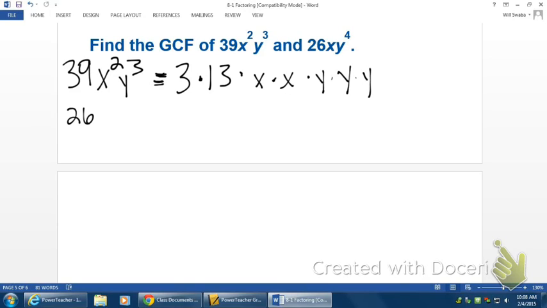Oh, I think I figured it out. 13 and 2. So it's going to be 13 and 2. Good. 13 times 2 gives me 26. And 13 is a prime number. X, I'll just write down 1. Y to the fourth, I have 4 Y's. So 1, 2, 3, 4.